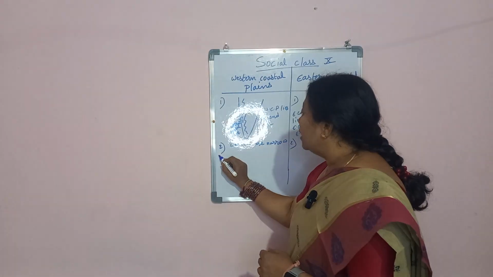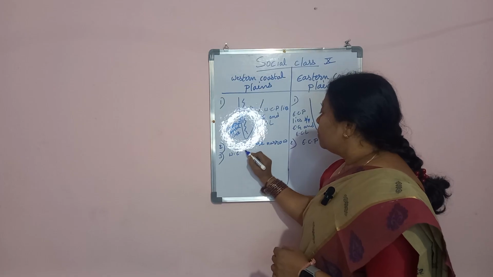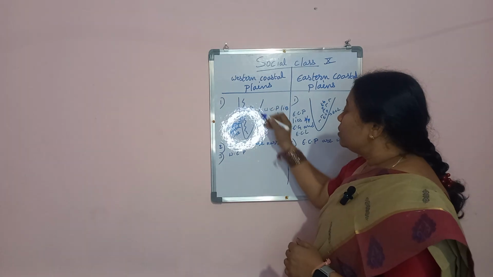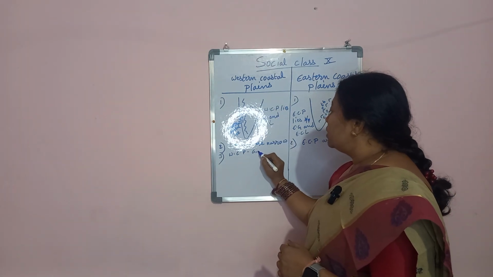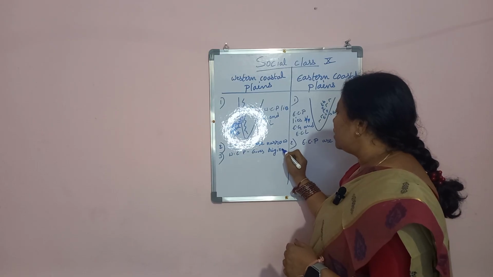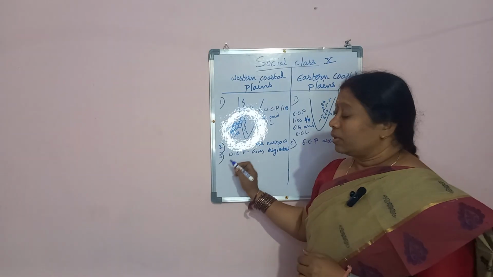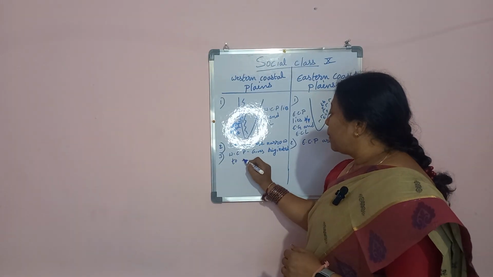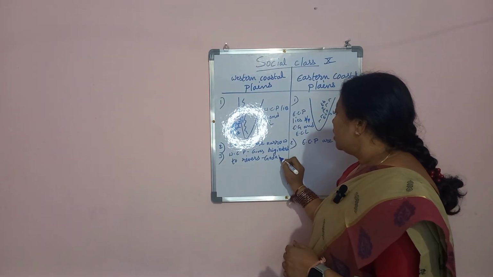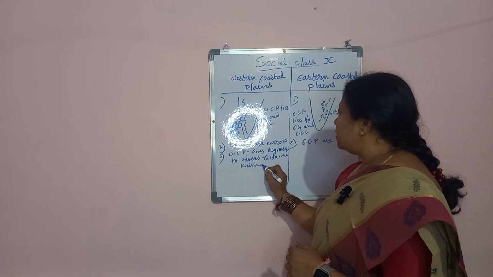And the third one, western coastal plains. What is the point you can write as the third point here? Western coastal plains give origin to different rivers, like Godavari, Krishna, Kaveri, etc. Clear?